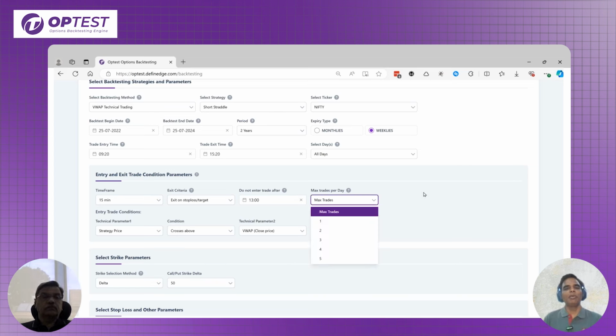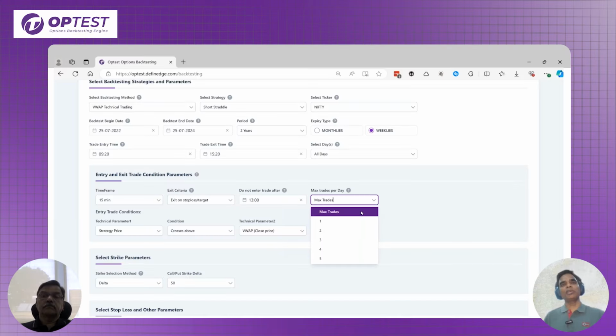And maximum number of trades. Now sometimes what happens, if there are a lot of whipsaws in the straddle or strangle or any strategy, many times it might go above and below the VWAP line chart. Then you might have to enter multiple times. So you can decide how many times you can enter the trade. You can enter as many as possible, or you want to enter only 2.